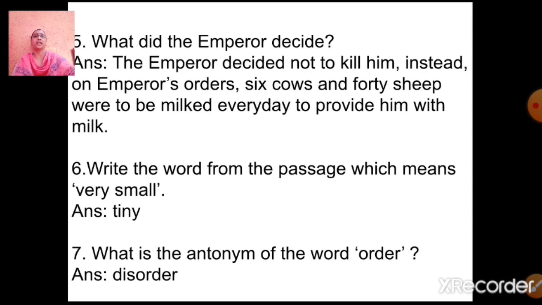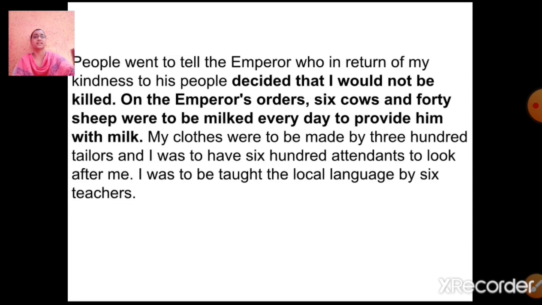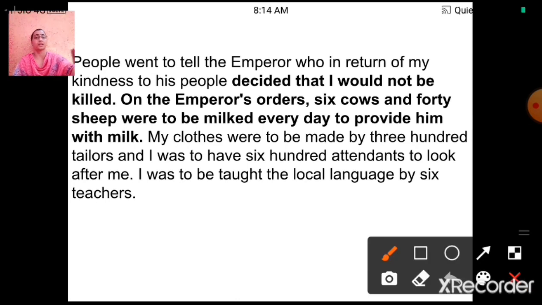What did the emperor decide? Now, again go to the passage, find the answer there. Then, after reading the passage, we find the answer somewhere here. The emperor, who in return of my kindness to his people decided that I would not be killed. On the emperor's order, 6 cows and 40 sheep were to be milked every day to provide him with milk.